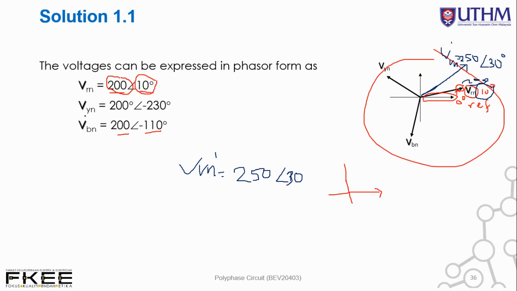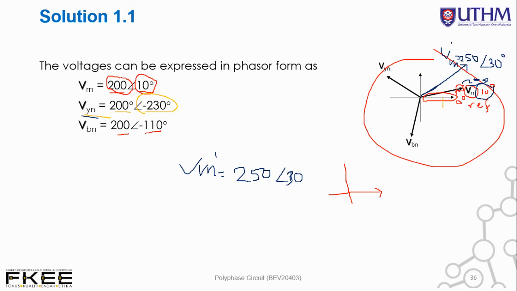So we move on to the second phase, which is VYN. Let me change to yellow color. So this is VYN. Again, same magnitude, but this time we have minus 230 from your reference.